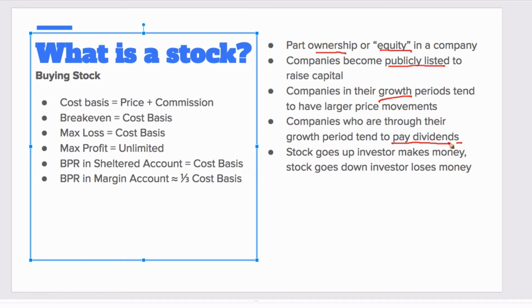So in this course, we're not really going to be looking at a dividend paying stock as a benefit because we want stocks where their prices move, volatile stocks. And when it comes to dividend-based stocks, they're not usually volatile stocks. There are some exceptions to that rule, though, and they'll come up as we move along. And then stock is really easy to understand. Stock goes up, you make money. Stock goes down, you lose money. Simple as that.